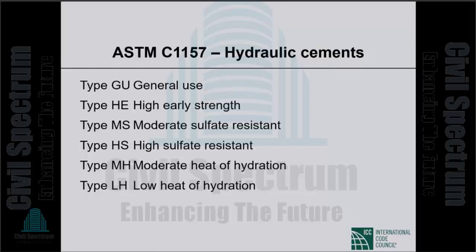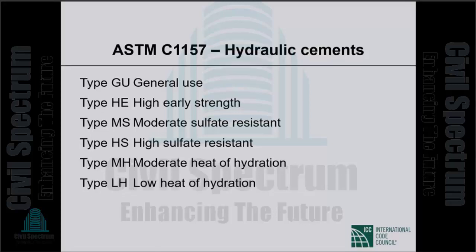So hydraulic cement C1157 can be type GU, general use, HE, high early strength, MS, moderate sulfate resistant, HS, high sulfate resistant, MH, moderate heat of hydration, LH, low heat of hydration. So this kind of mirrors the varieties of C150 Portland cement that we have.